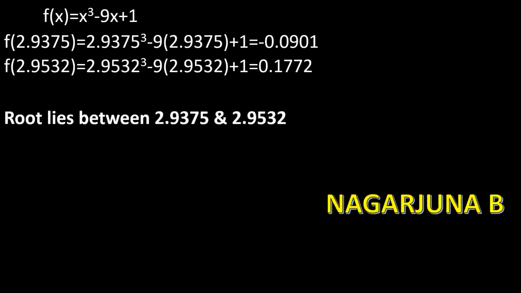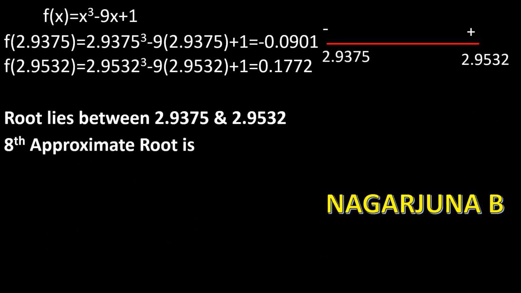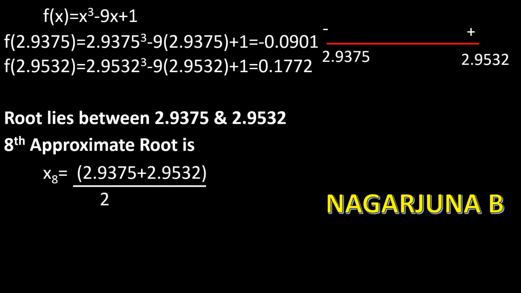The root lies between 2.9375 and 2.9532. Therefore the 8th approximate root x8 is equal to 2.9375 plus 2.9532 divided by 2, and it is equal to 2.9454.